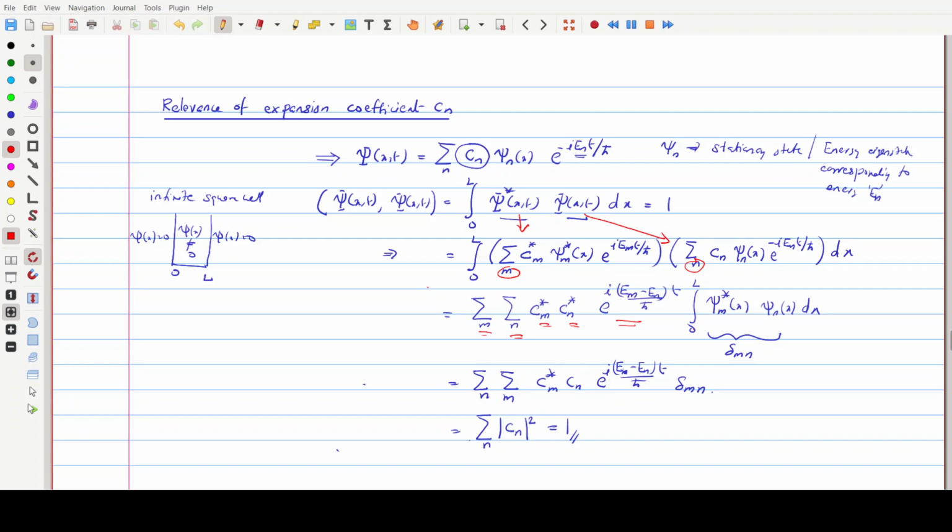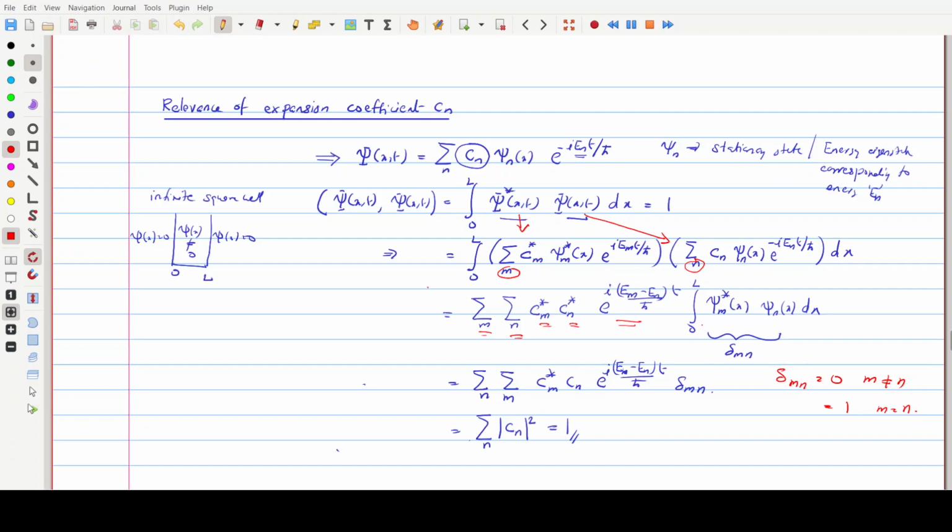So we have only this integration remaining, the integral from 0 to L of psi m star psi n of x dx, and in the earlier class we have seen that this is nothing but a canonical delta function, because all the energy eigenfunctions corresponding to different eigenvalues are orthogonal. Therefore we have already shown it is equal to delta mn. This delta mn is the canonical delta, and its meaning is that it is 0 when m is not equal to n, and it is equal to 1 when m equals n.